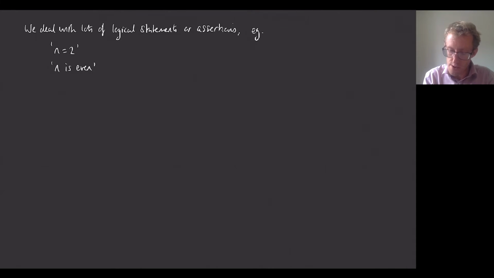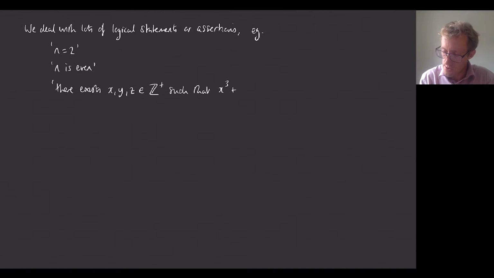We have more complicated ones. So let me write out this one. There exists x, y, and z in the set of positive integers. So you'll see various decorations of these letters that mean different things. This with a plus sign means it's the set of positive integers, such that x cubed plus y cubed is equal to z cubed. Okay, so there's another assertion.